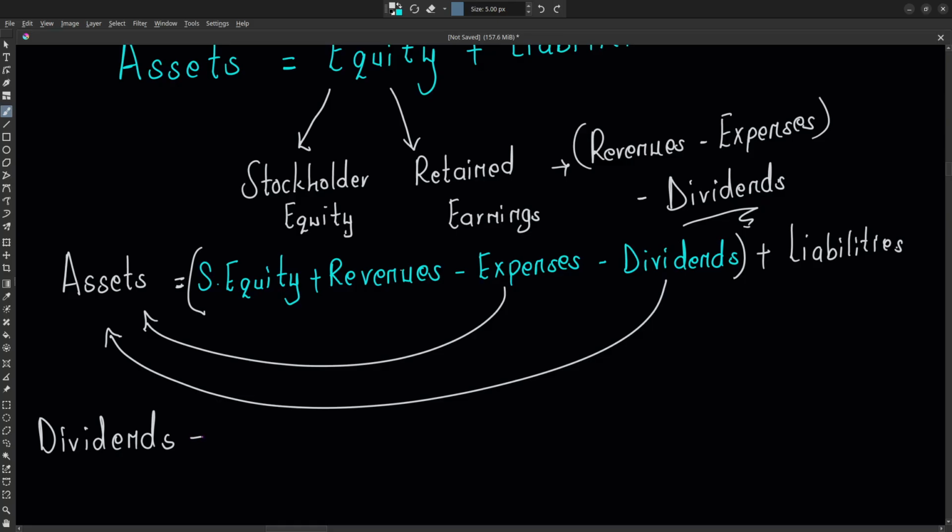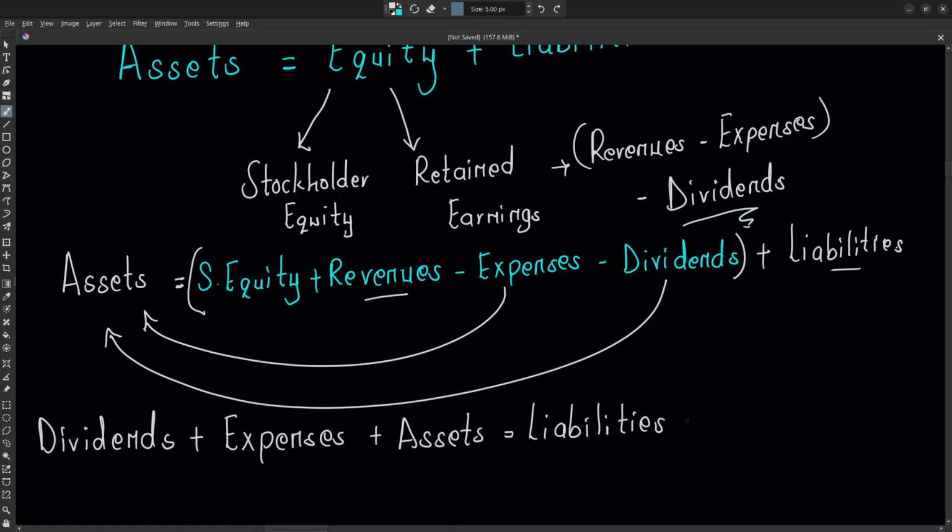Then we also bring an addition of expenses, plus expenses, okay? Then plus assets, okay? Then on the other side, we're going to have liabilities plus, remember revenue is here, plus we have stockholder equity as well.